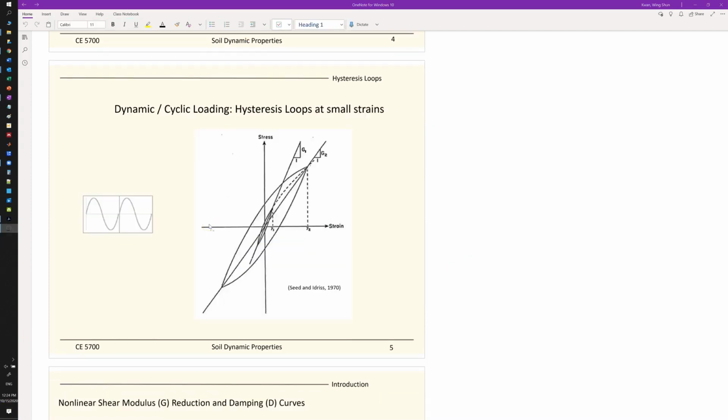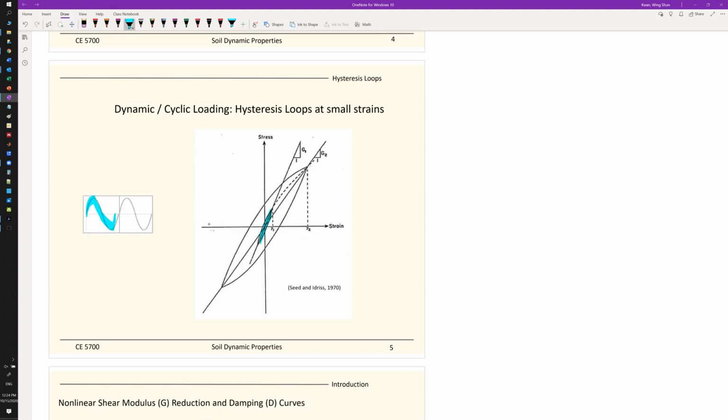Okay, another thing about those hysteresis loops is that they are also strain dependent, in the sense that we have repeating loading cycles adding on. For example, this is the first cyclic loading, so you have the first loop.